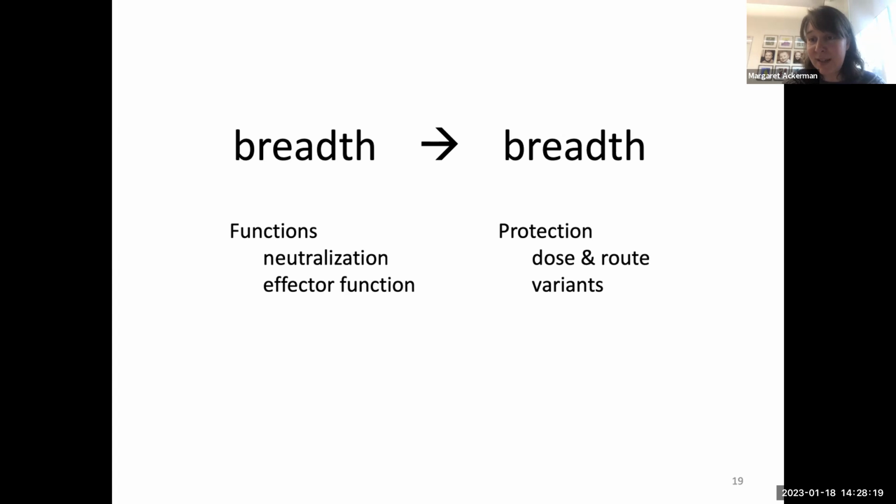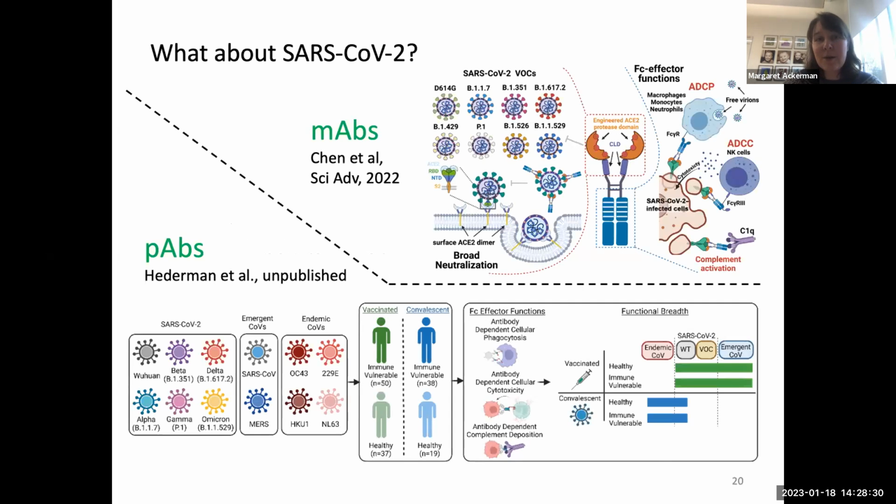And this protection is against, I showed survival data, but it's against viral replication and neurological morbidities in adulthood as well. So what about SARS-CoV-2?